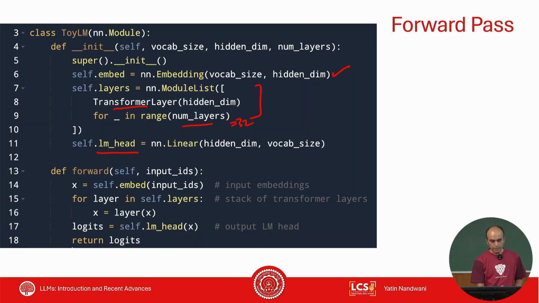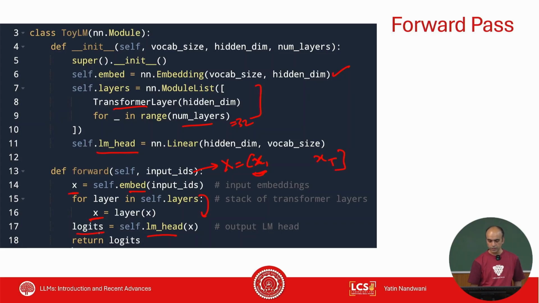In the forward pass, the input IDs are a sentence X, equal to x1 to xt. We first get the embedding of each of these input words through this layer. Once we have the embeddings, we sequentially go through all the layers. In the end, we get the embedding at each position. We pass it through the LM head to get the logits.